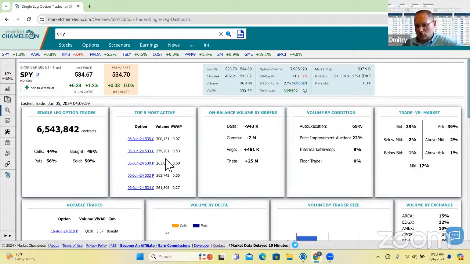This blue indicates the highlighted option in blue with an underline. This is a hyperlink. When you see that, if you click on it, it'll take you to the options chain for analysis.